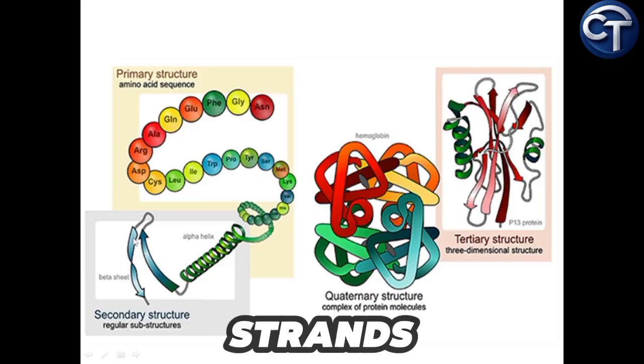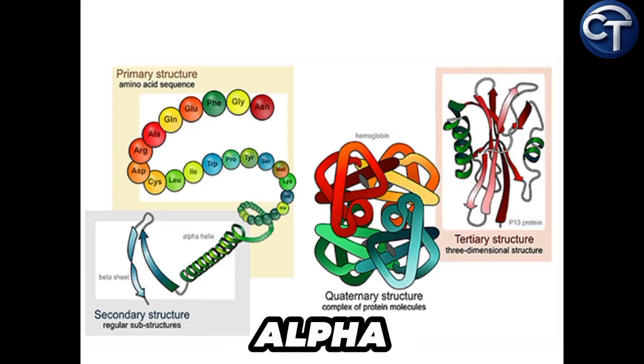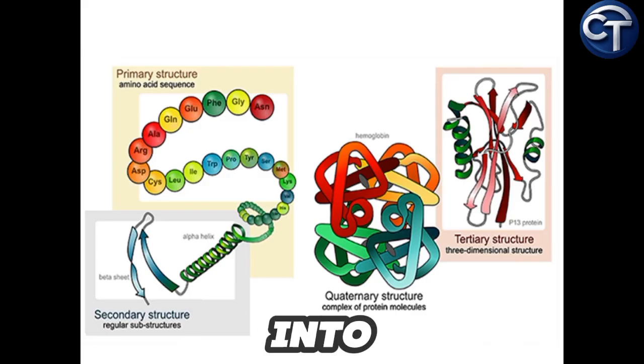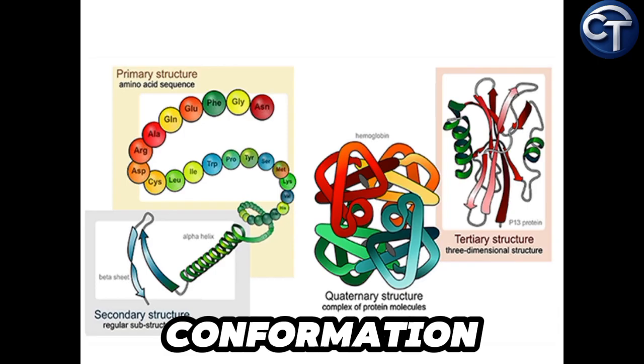In between beta strands or in between two alpha helices, sometimes a loop is formed, and this loop region actually helps in folding of the overall protein molecule. These regions are highly flexible. That's why the chain of polypeptide folds into different conformations.